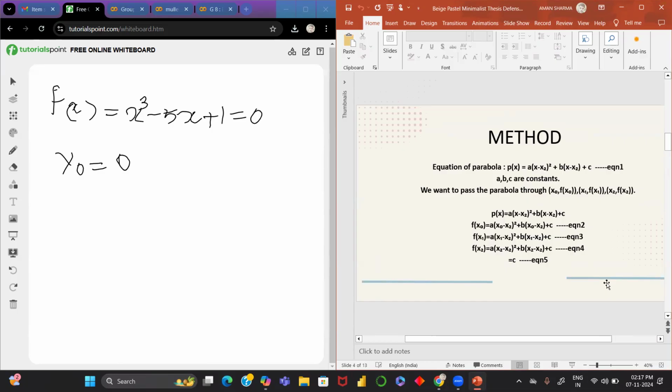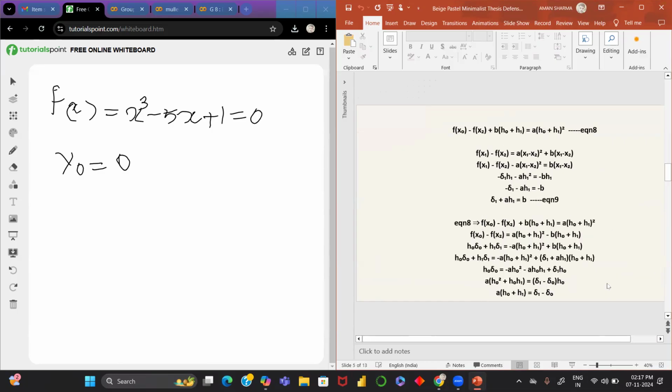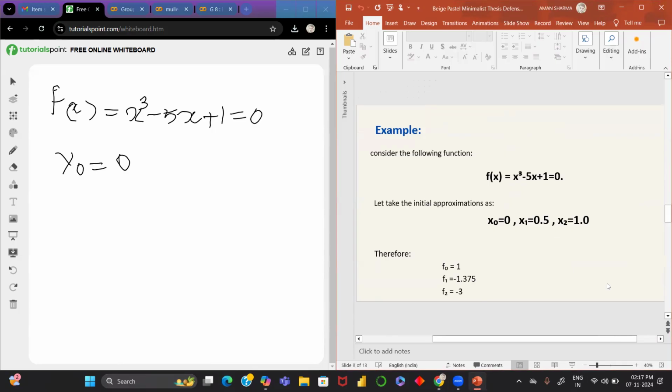Initial condition: x naught equal to 0, x1 equal to 0.5 and x2 equal to 1.